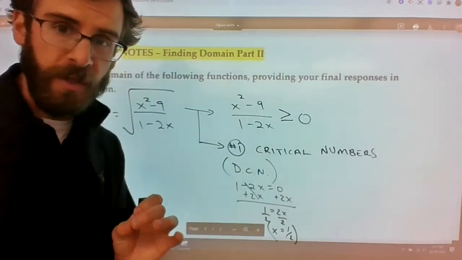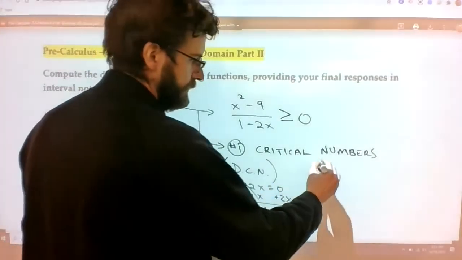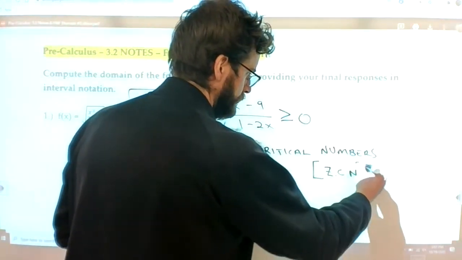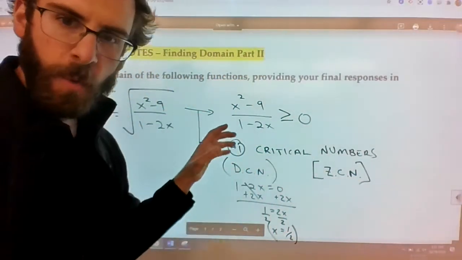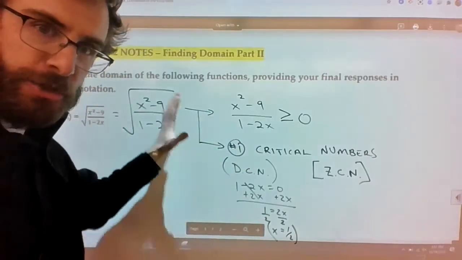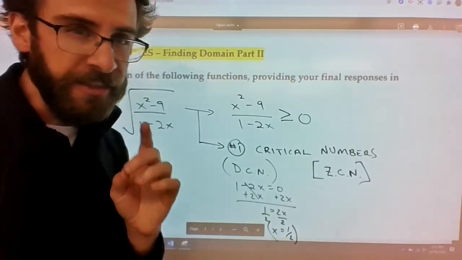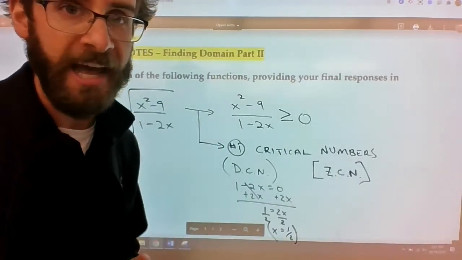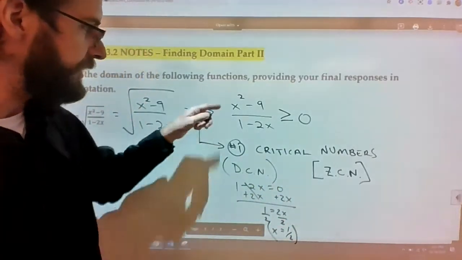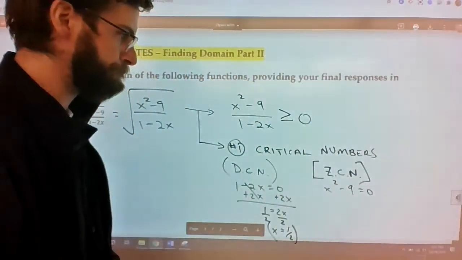The other critical numbers, I'm going to call those the zero critical numbers. Since we're always going to be saying greater than or equal to 0, when we're talking domain like this, it's always going to be roots. You can just instantly think these zeros are almost always going to have brackets around them because the equal to makes it inclusive. So that's me setting the top equal to 0.